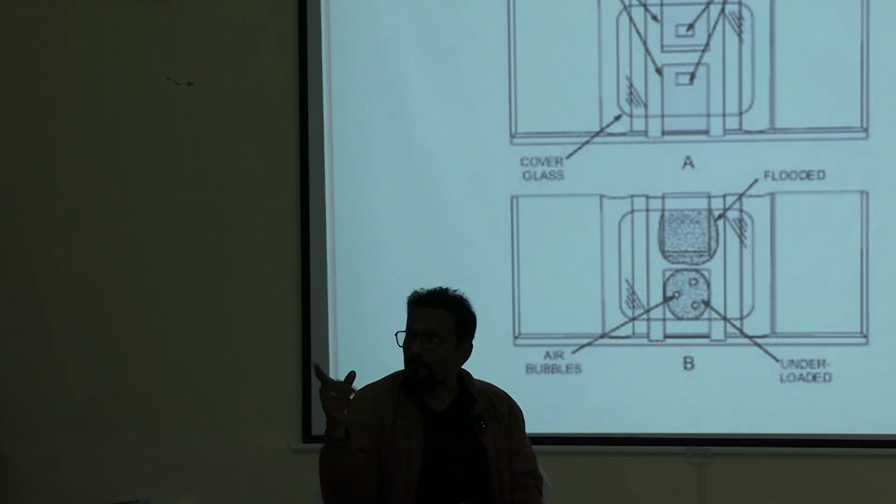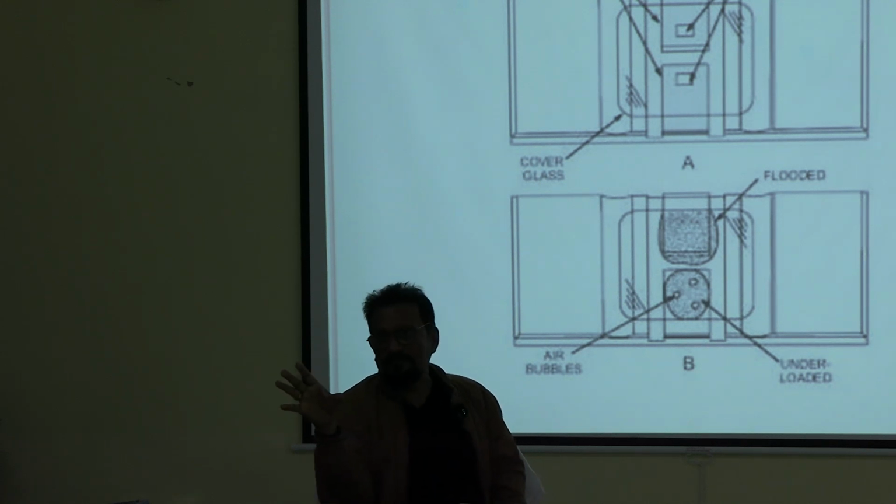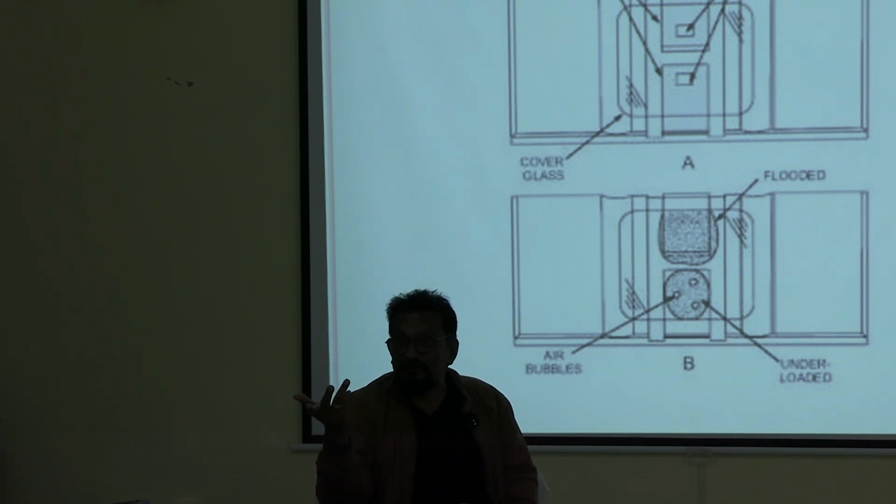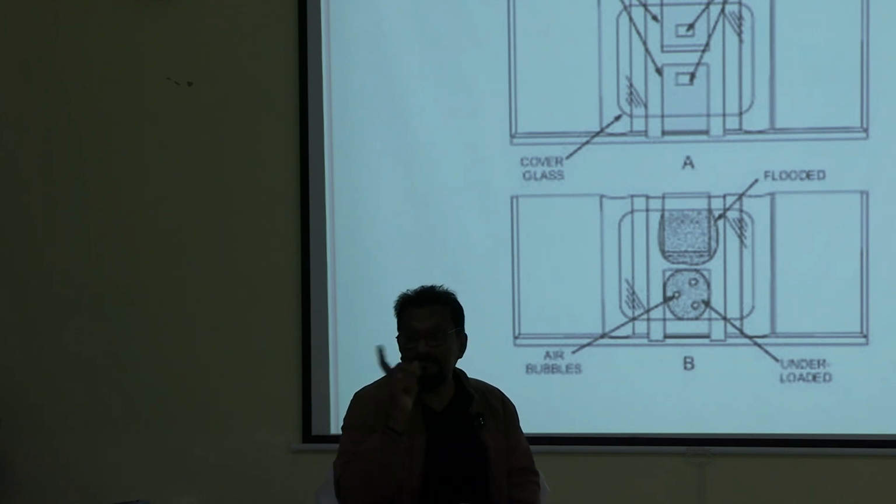So these 20 marks we will be dividing. How will we give the 20 marks? We will assess you at these 4 points. So you have to be very careful about this.